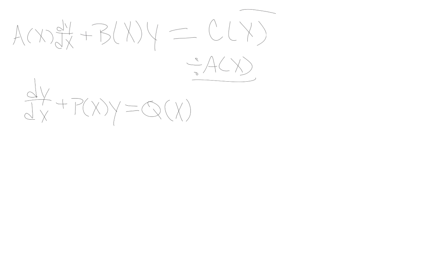So what exactly makes a differential equation linear? Well, it's the fact that this dy dx, which I have circled in red, is to the first power. It's not dy dx squared, it's not sine or cosine dy dx or log natural dy dx, it's just dy dx. So that right there is what makes this linear.